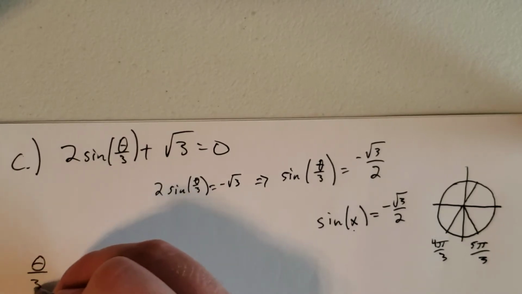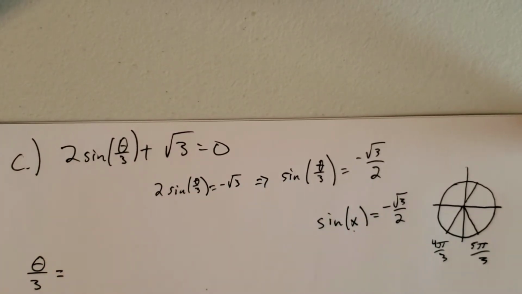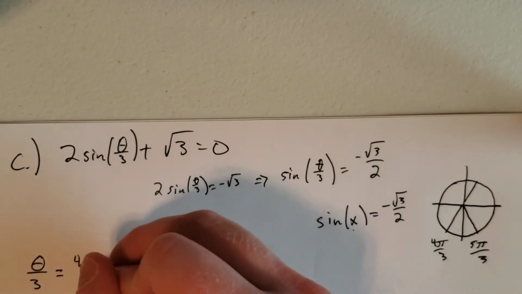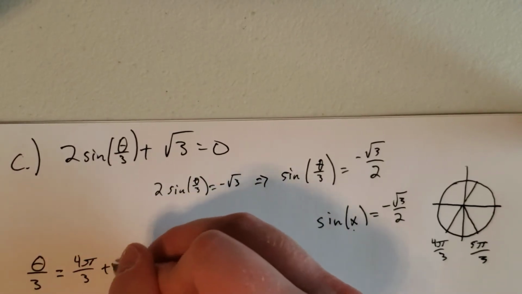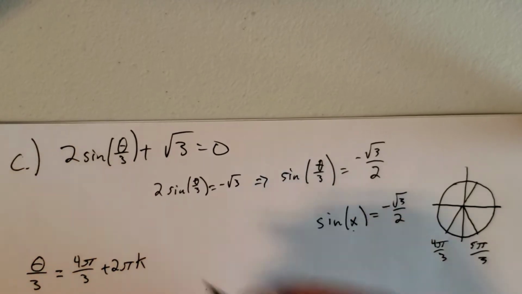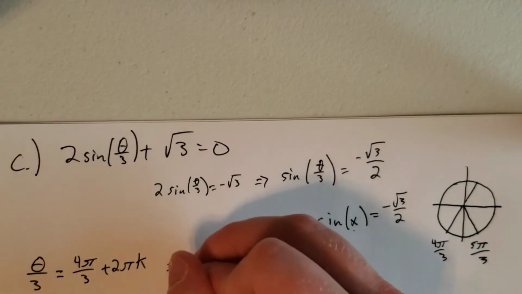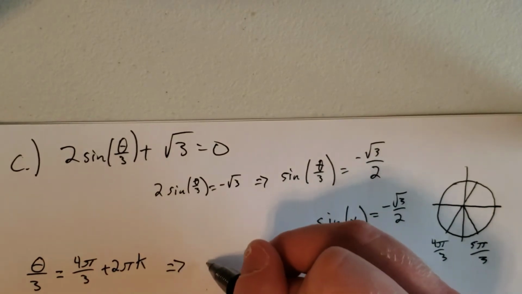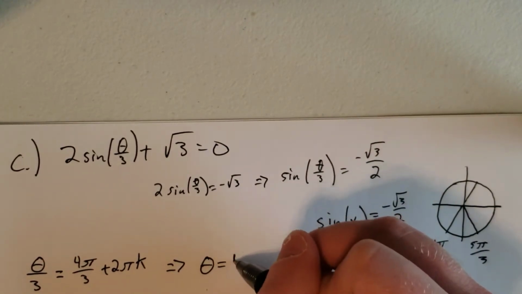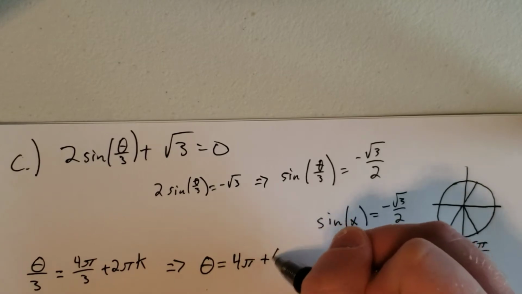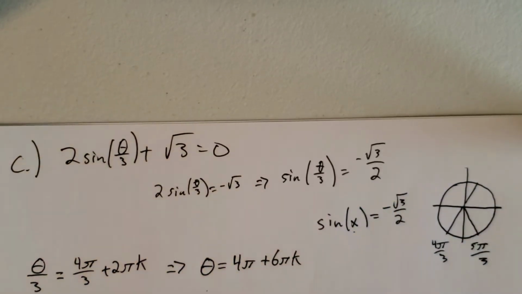So theta over 3 is equal to, one of our solutions is 4 pi over 3 plus 2 pi k. And if we multiply by 3 on both sides of this equation, we get theta is equal to 4 pi plus 6 pi k.